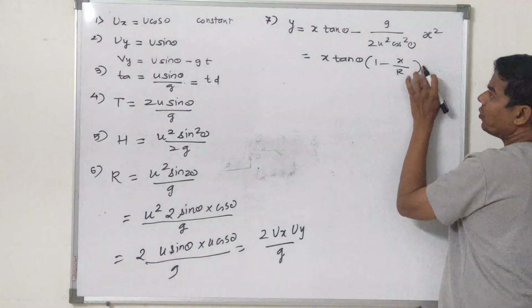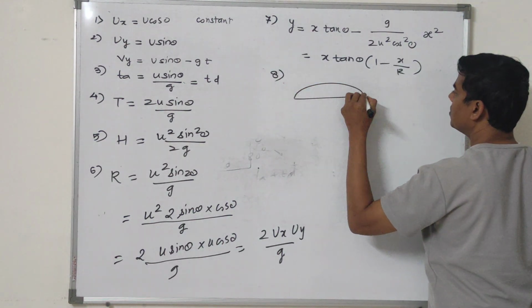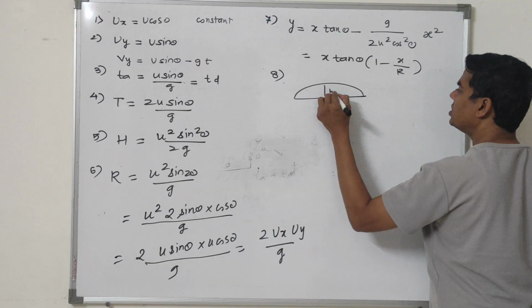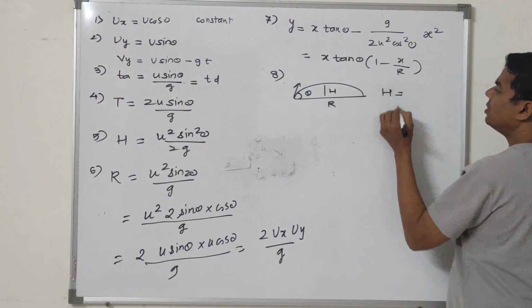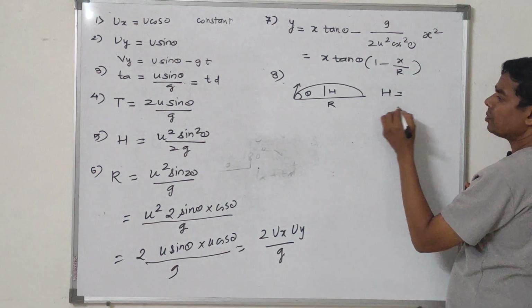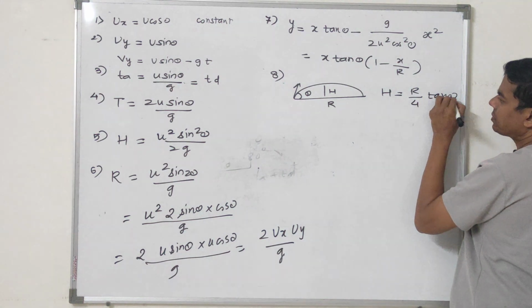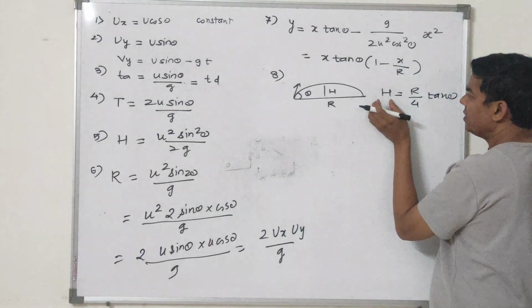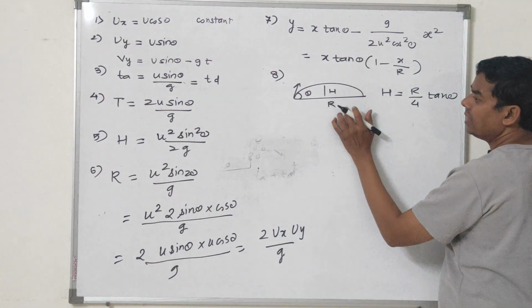These are the equations for trajectory. Then suppose that r is range, h is height and theta is angle of projection. Then the relation between height and range of the projectile is h is equal to r by 4 tan theta. This is the first important concept, height and range.